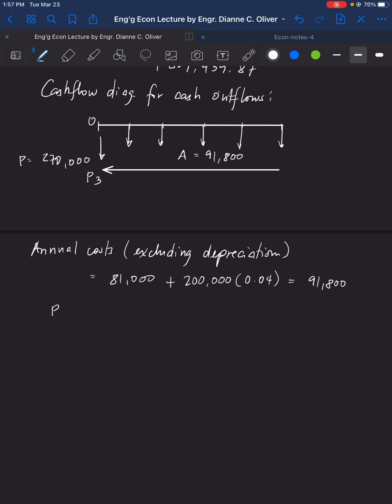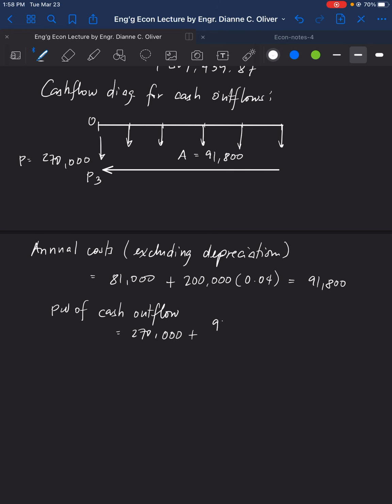Now, the present worth of cash outflow is equal to 270,000 plus the annual cost from a while ago, which we will convert into present.